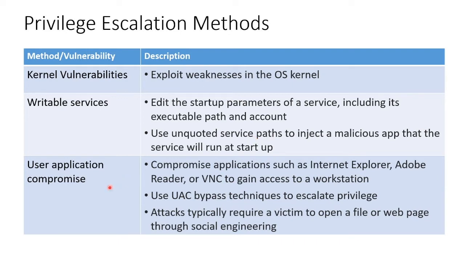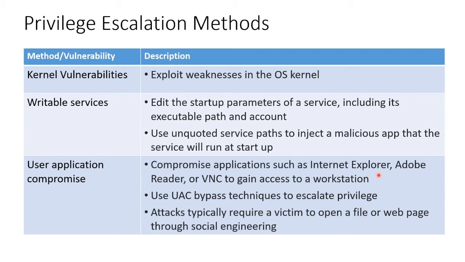You could also maybe compromise a user application. There are various applications, Internet Explorer, Acrobat Reader, VNC, that have weaknesses that you can actually, once you get a low-level compromise, you can use what we call local system exploits to bypass things like user account control to escalate privilege, because they make improper, unvalidated requests of the kernel of the operating system.